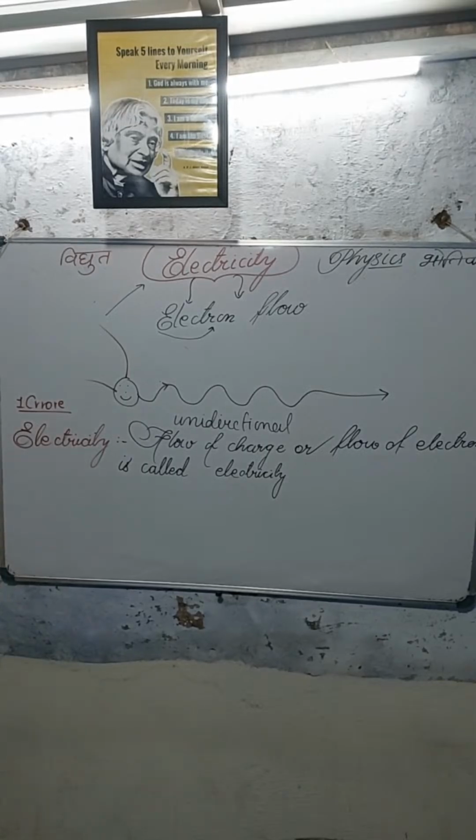Read the definition. Flow of charge or flow of electrons is called electricity. Loudly. Flow of charge or flow of electrons is called electricity.